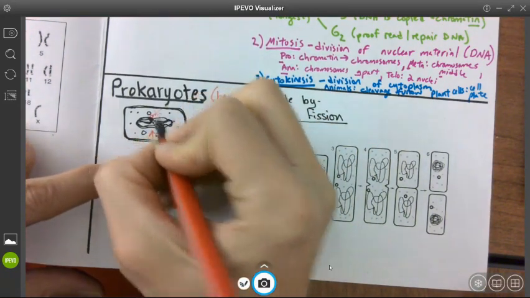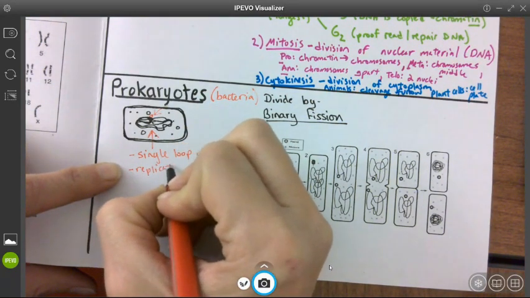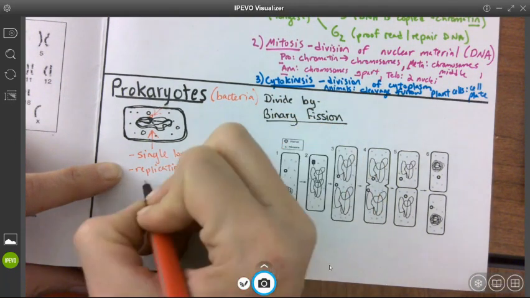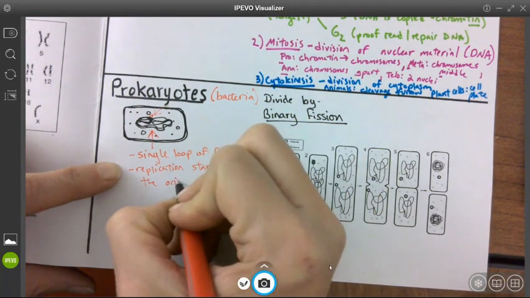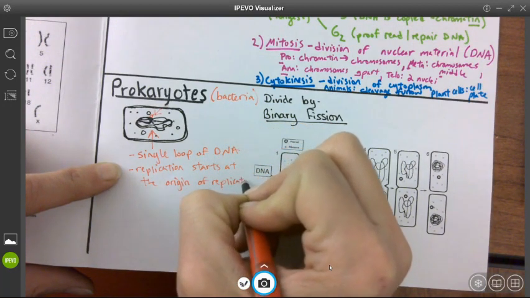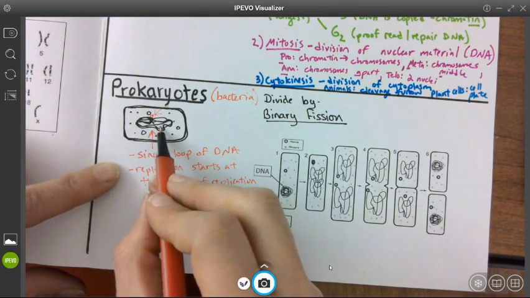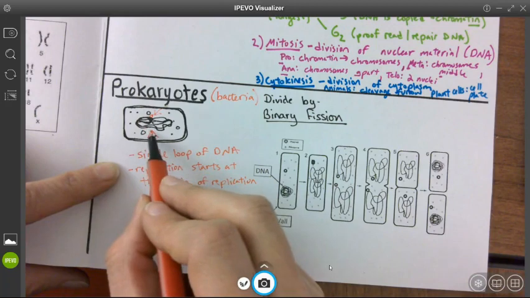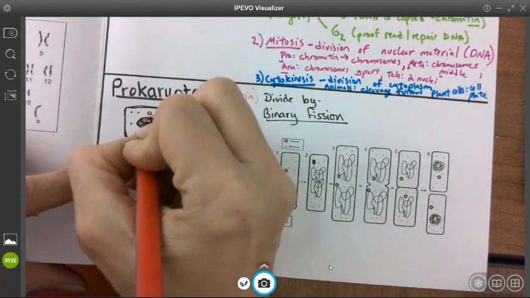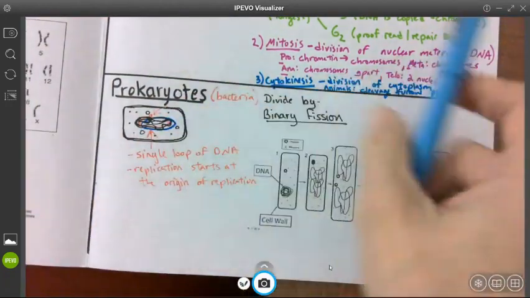And replication starts at one point. So the point on the DNA where replication starts is called the origin of replication. And the DNA just replicates all the way around. And then instead of having one single chromosome, you have 2 copies of that chromosome.